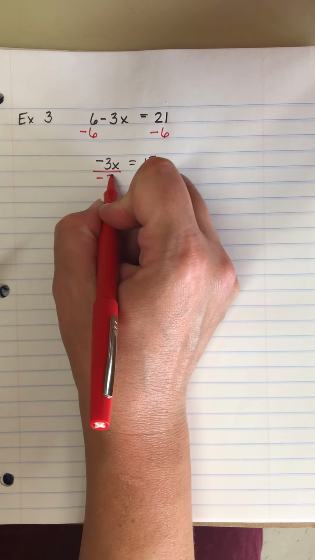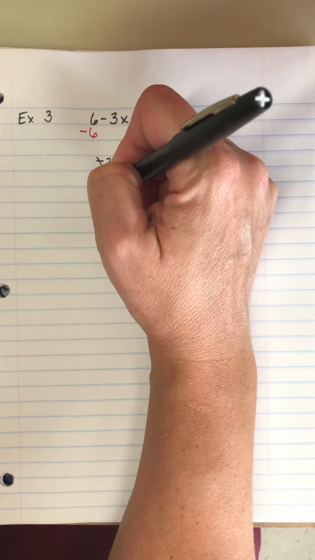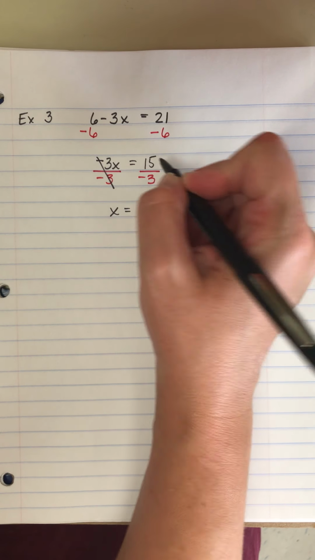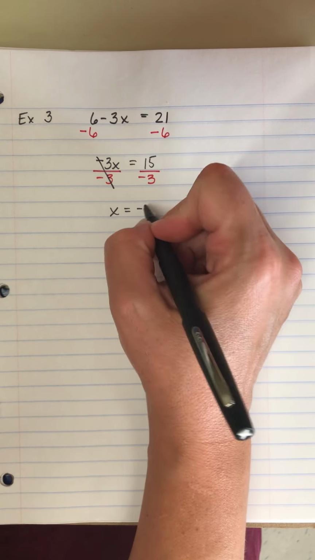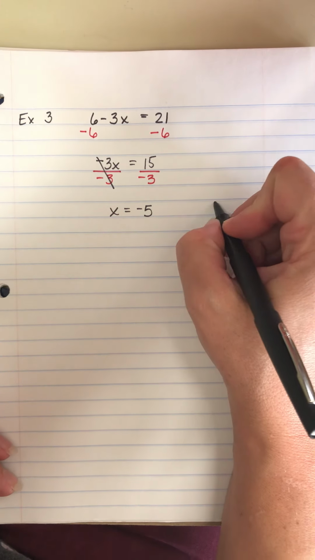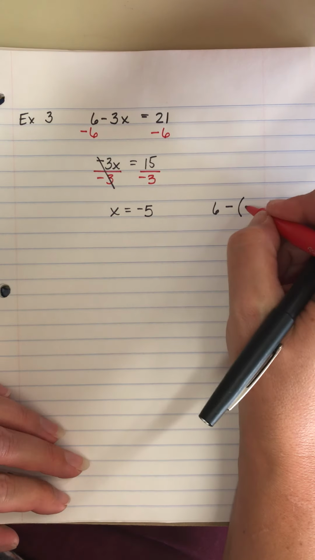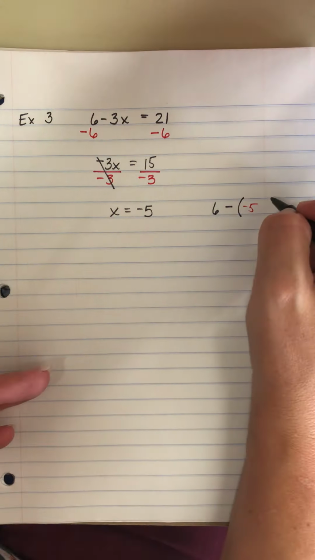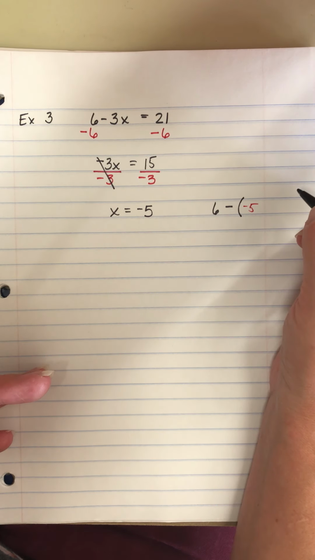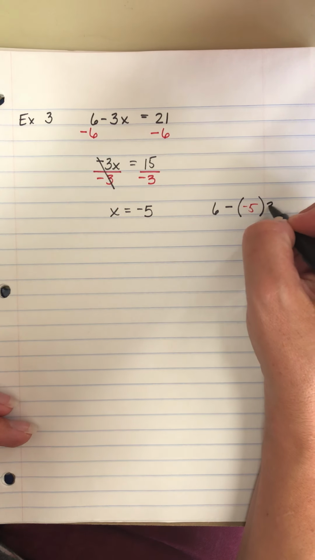Dividing by the coefficient of -3 here. -3 turns into 1, and 15 divided by -3 is -5. Go back, check this in your calculator. 6 minus -5 times 3.